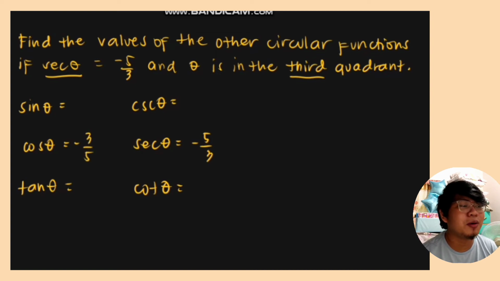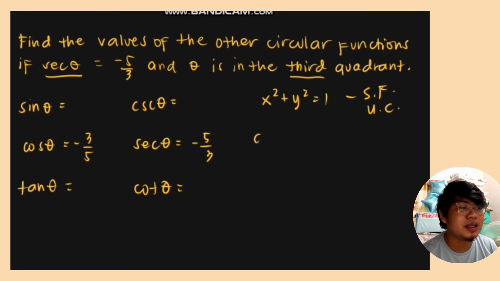Okay, ngayon, paano natin makukuha yung ibang values? We will make use of the standard form of the unit circle, which is x squared plus y squared equals 1. And then we can make use of this. Isa-substitute lang natin yung known values natin. So, x squared, di ba sabi natin the value of x is the cosine.